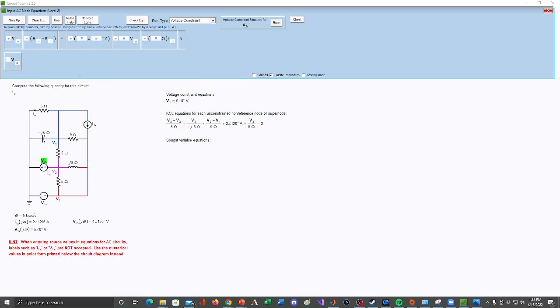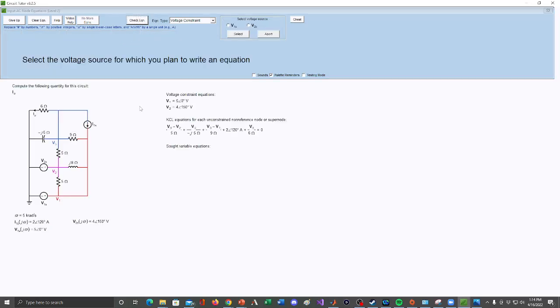What's nice is that now you just get simple equations, so we don't have to write a supernode. So V2S here is going to produce a voltage at V2 equal to whatever V2S is, which is 4 angle 150. So we'll throw that in there, 4 angle 150. Check the equation.